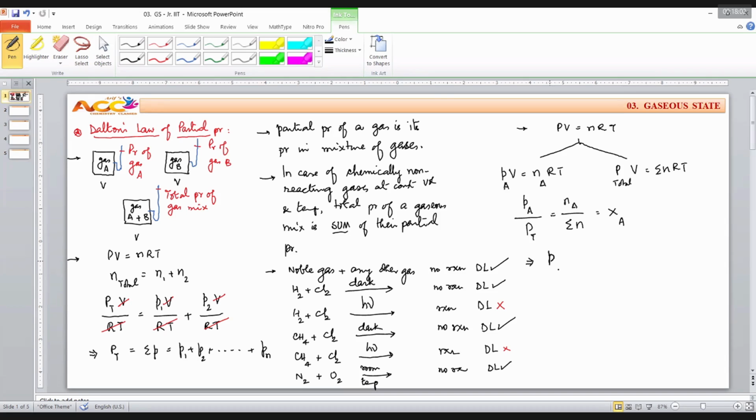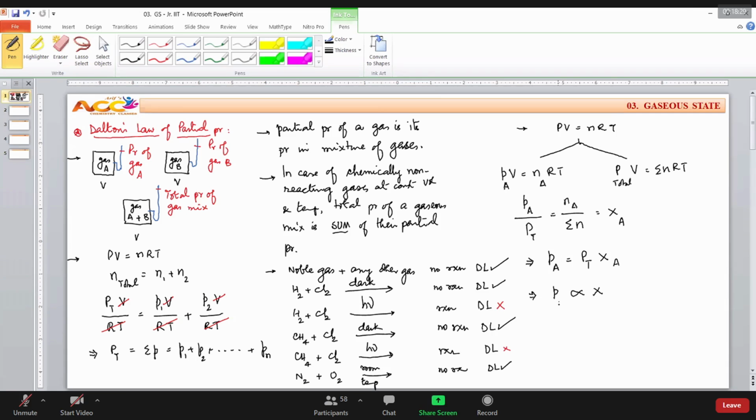This implies we got a new statement. Partial pressure of A is equal to total pressure into mole fraction of A. Sir, PT is a constant. Total pressure of mixture is constant. This implies if you remove the constant, partial pressure of A is directly proportional to mole fraction of A. So instead of saying A, we can say P1 is proportional to X1, P2 proportional to X2, and so on.